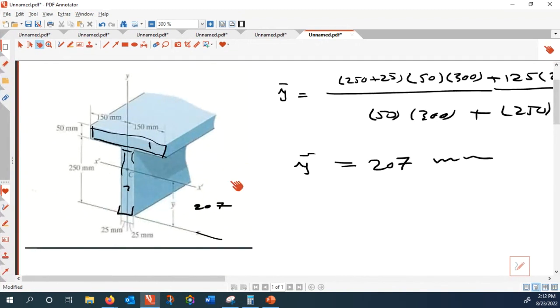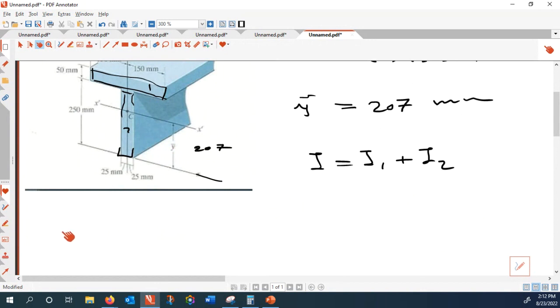Now, there are two shapes here. We have to add their moments of inertia, but for each shape, there is a penalty. So we find everything with respect to the centroid, which is 1/12. So I is equal to I1 plus I2, and that is equal to 1/12 BH cubed, where B is 300 and H is 50.